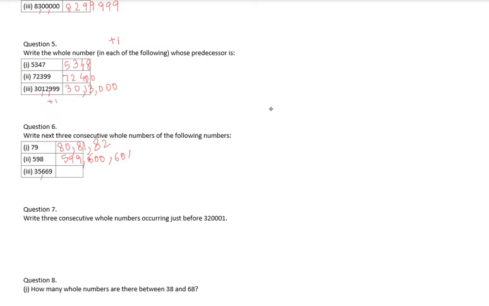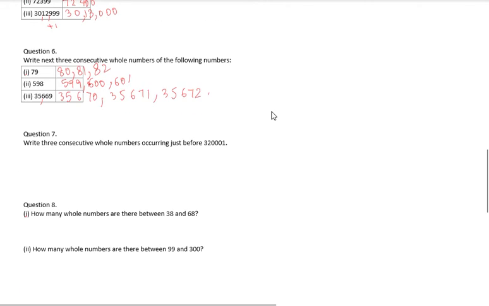Then this is 35,669. So 35,670, 35,671, 35,672. These are the next three whole numbers. Then write the three consecutive whole numbers occurring just before.